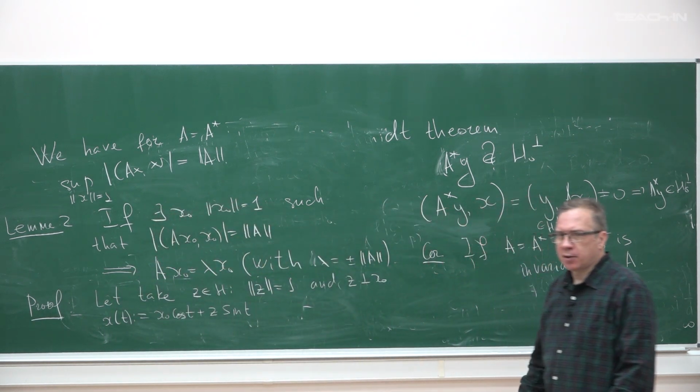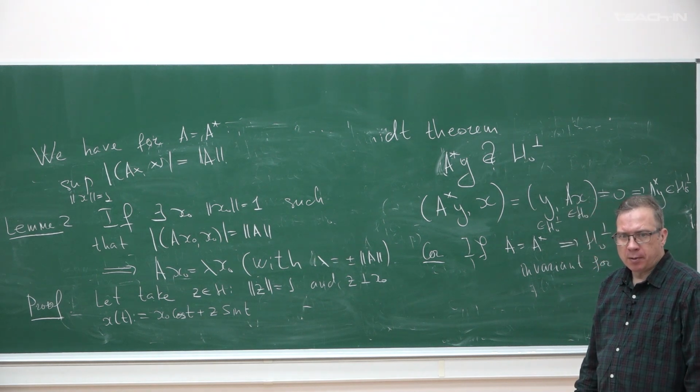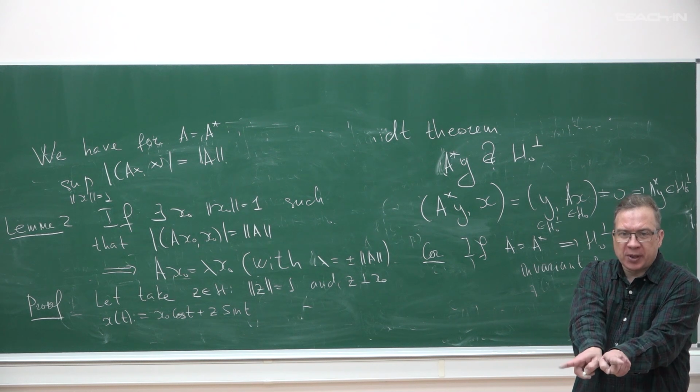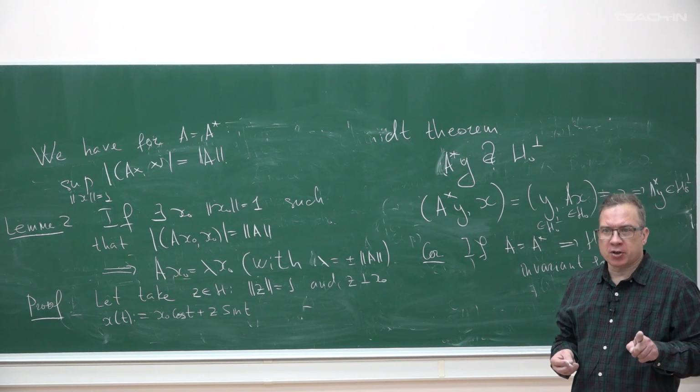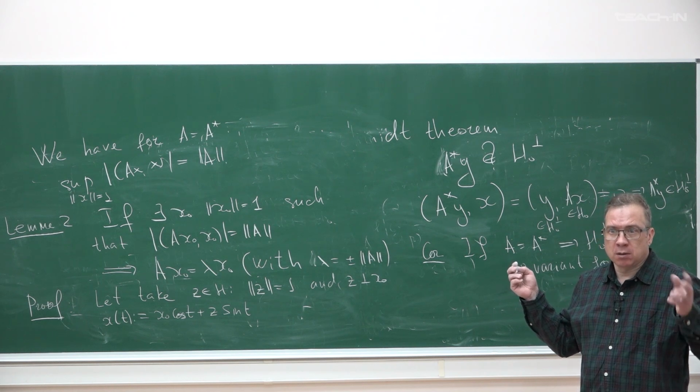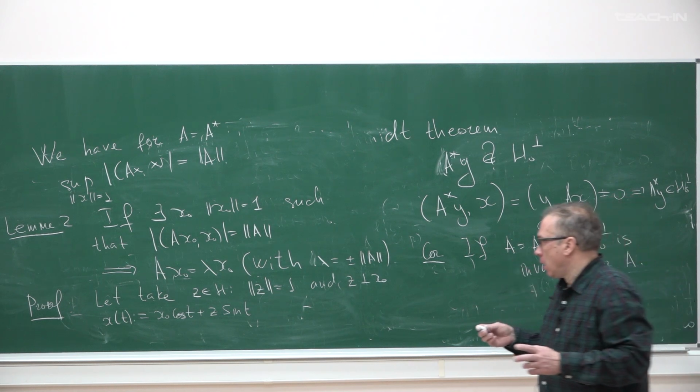Let's consider such a vector, a linear combination. It's a circle in the plane which is generated by vectors x0 and z. Yes? It's just a circle.